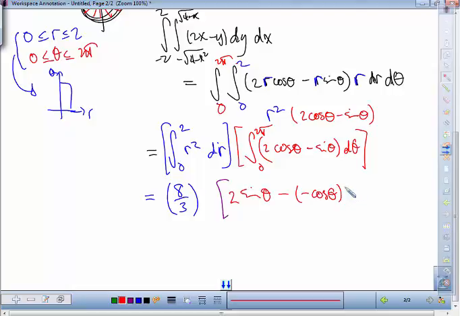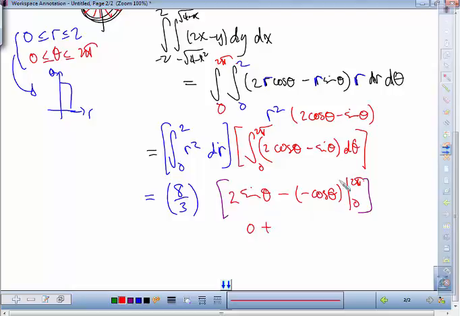Cosine theta, and this goes from 0 to 2 pi. Put 2 pi into the sine function, that's going to be 0.